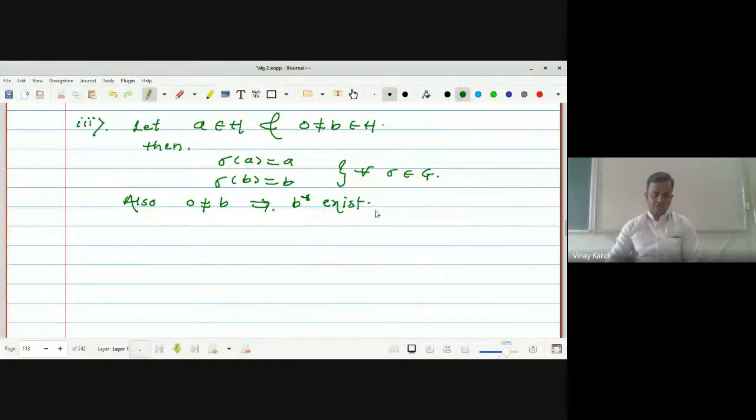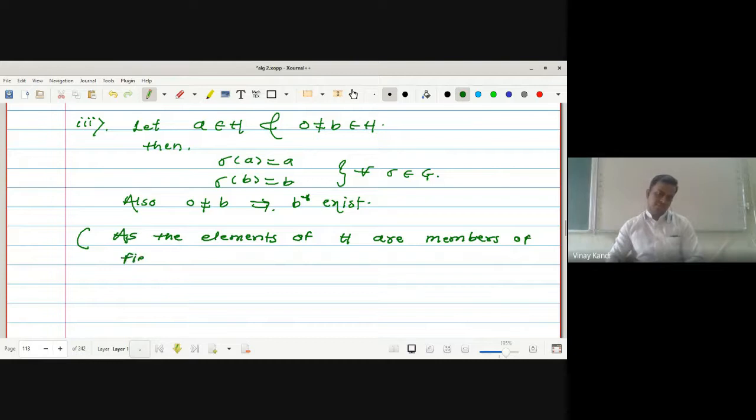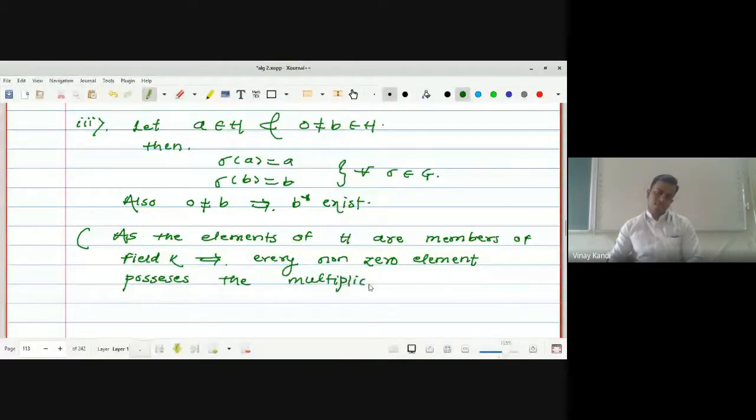As the elements of H are members of field K, capital K. So this implies every non-zero element possesses the multiplicative inverse. Okay, the multiplicative inverse.